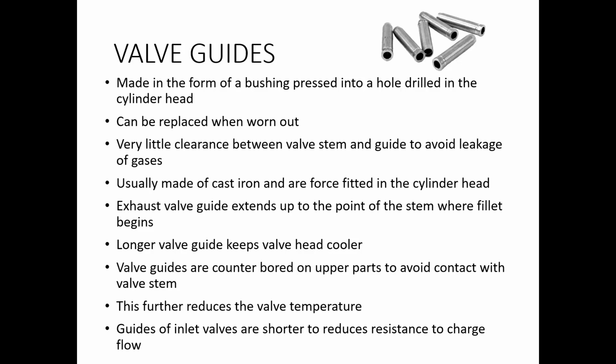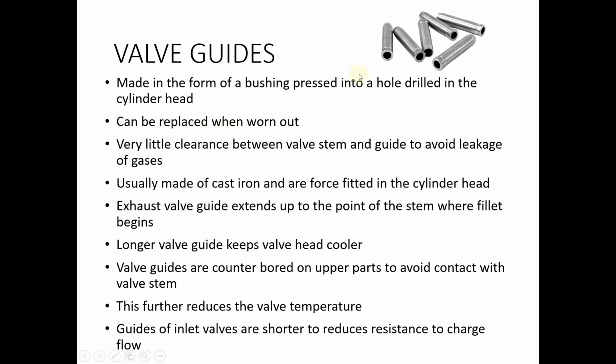Then there are valve guides. Valve guides are small through holes, or we can say concentric cylinders, actually a bushing, through which the valve stems pass. There is very little clearance between the valve stem and the valve guide.